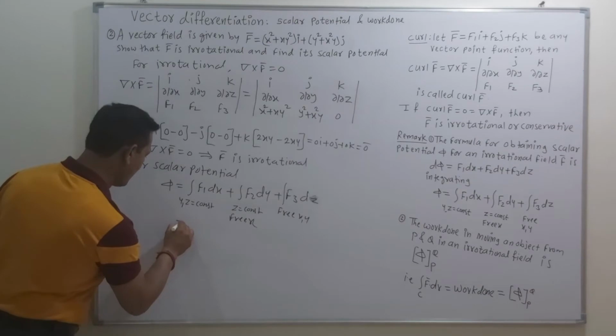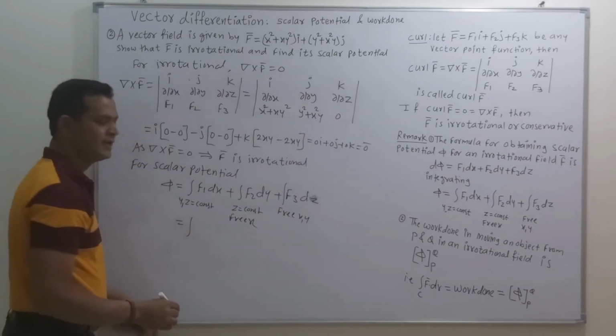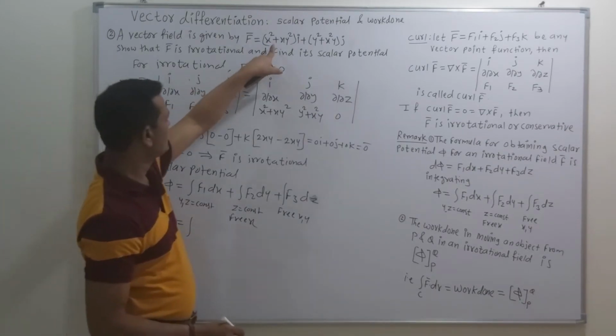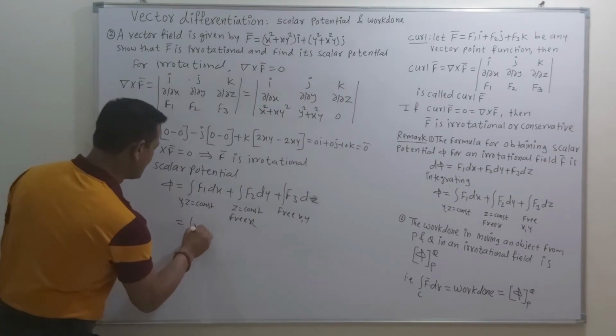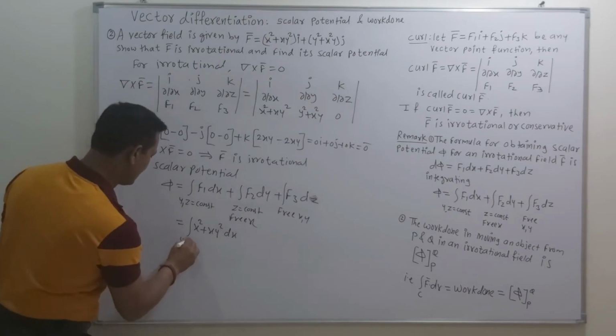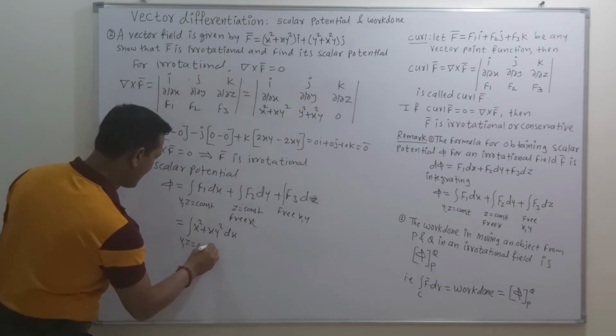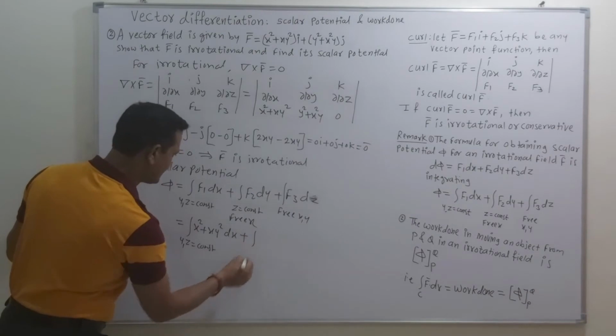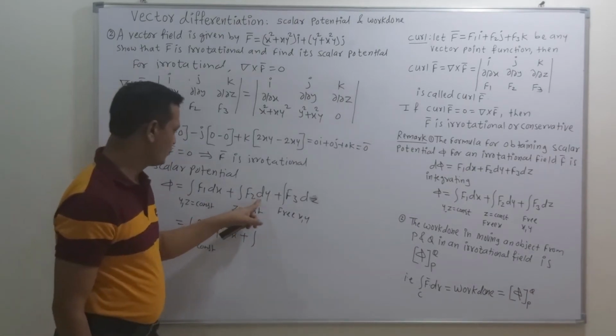Now friends, just put the value. So here we get integration of f1, so this is the value of f1, which is x square plus x y square dx. Now in this integration, y and z are constant, plus integration of f2 dy.